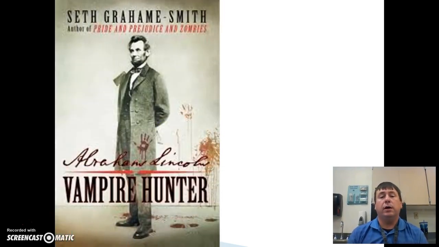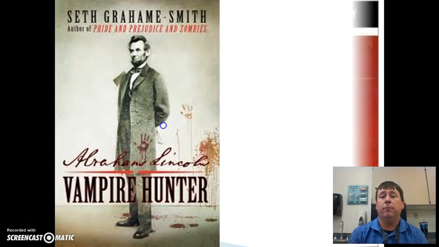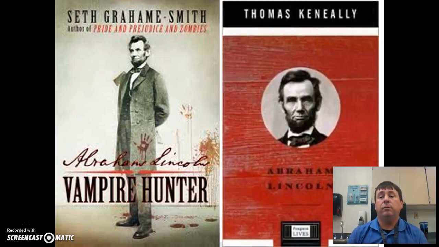So would this be an example of a primary or secondary source? Take a moment and figure it out. It's actually not, because it's fiction. Abraham Lincoln didn't actually hunt vampires. Great book, though. This biography would be a secondary source because Thomas Keneally wrote a biography about Abraham Lincoln.